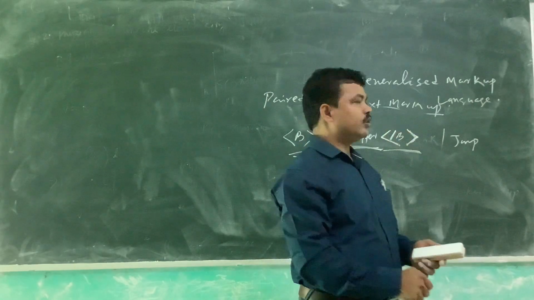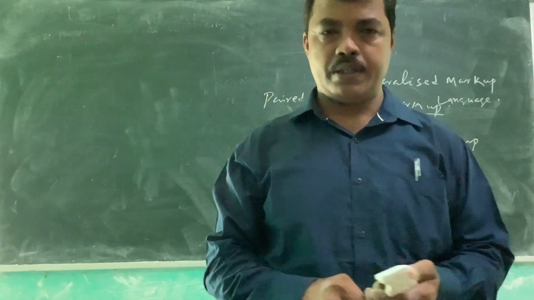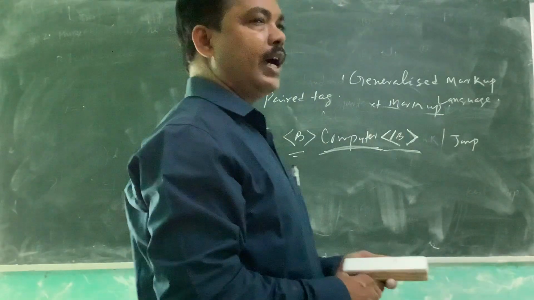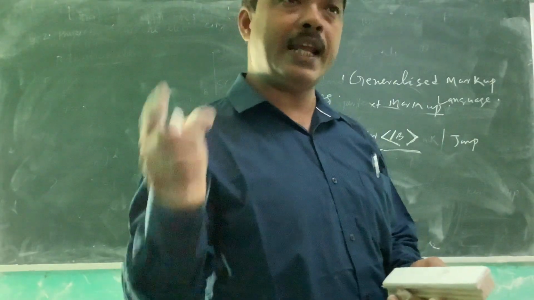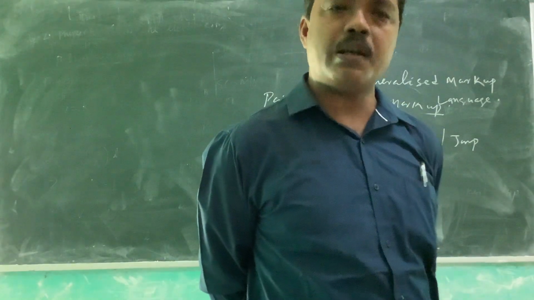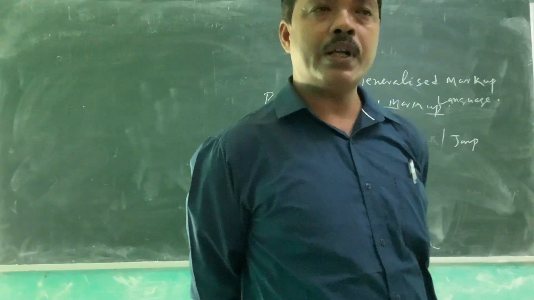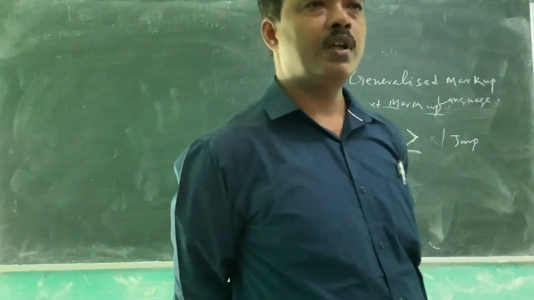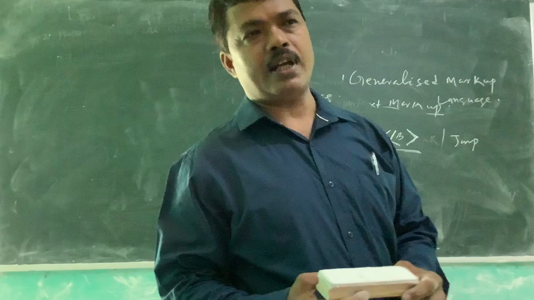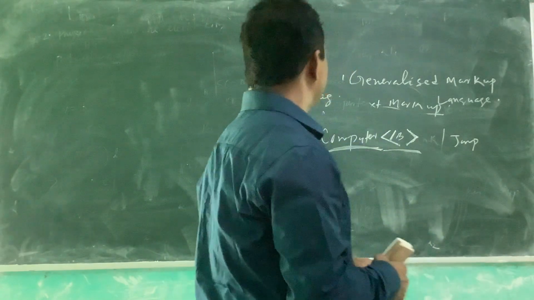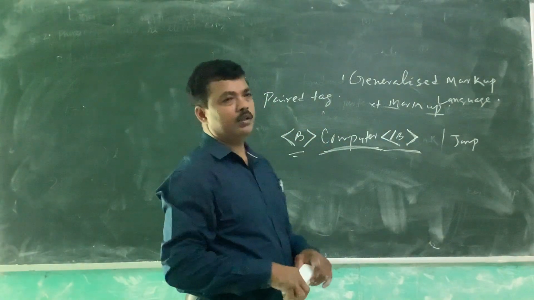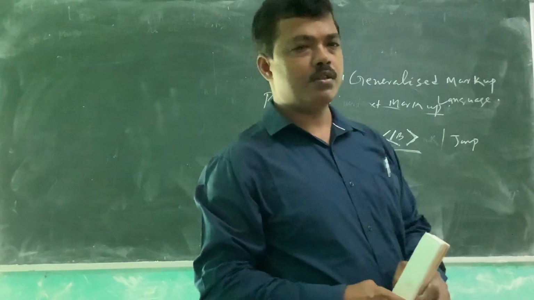The forward slash is followed by B. That means first we type forward slash, then the tag B. Again I repeat, the tags are keywords. That means they have a special meaning to the web browser. When the web browser interprets the code, it performs the task for the purpose of the tag used in a text editor.